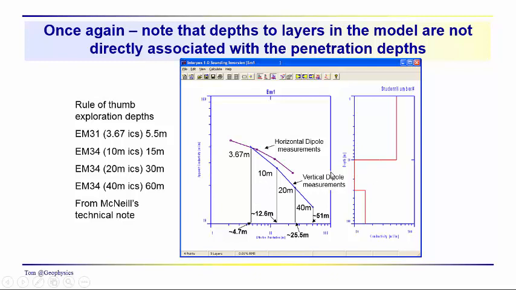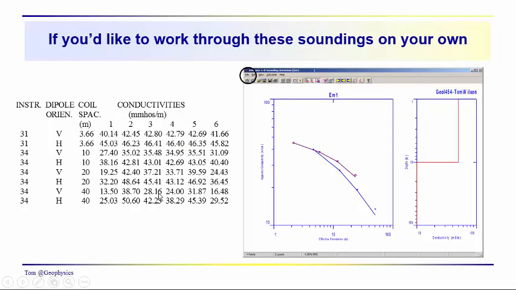And we see that at these depths, we've got a depth of 10 meters here, 30 meters here, and basically what you can tell from the data, both the horizontal and the vertical dipole measurements, is that the conductivity is dropping as you get deeper and deeper beneath the surface. So we don't really see the individual layers, and these penetration depths don't refer to boundaries in any way. So just another reminder of that.